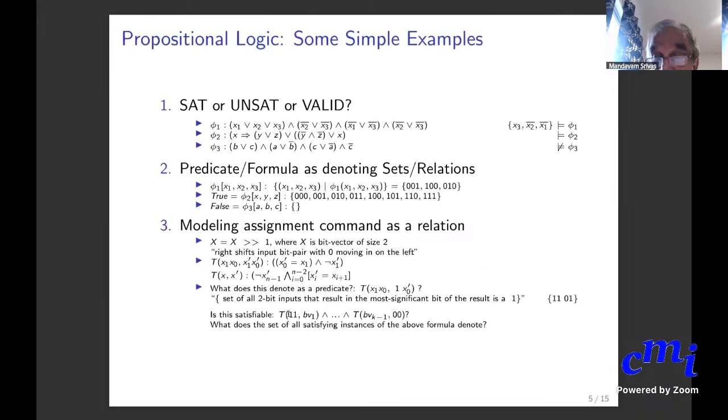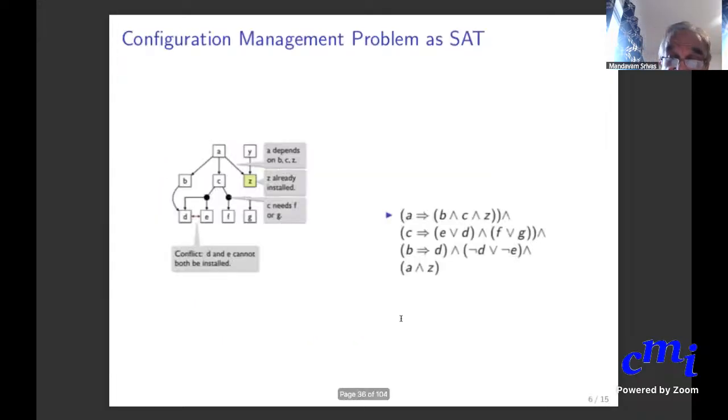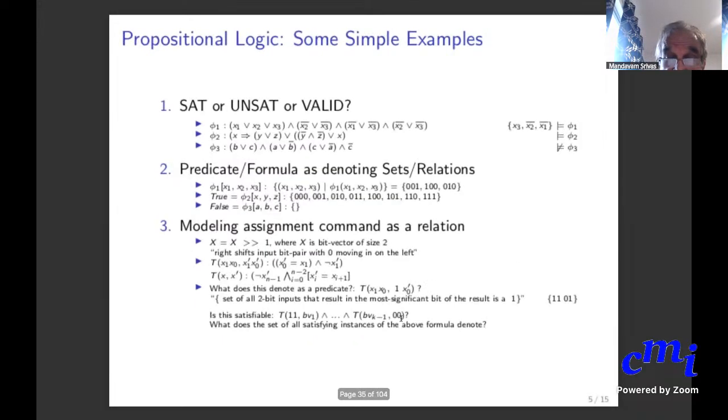And if you're doing this K times, then you are asking the question: if I executed this right shifting assignment statement K times, starting with 1 1, is it possible to end with a 0 0 value?